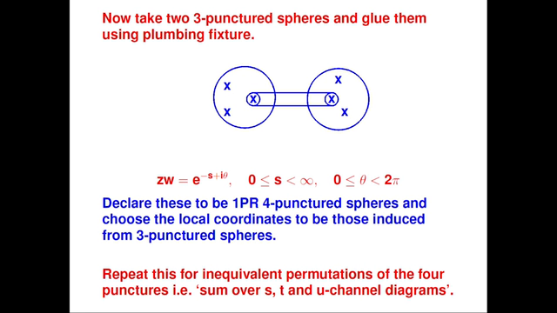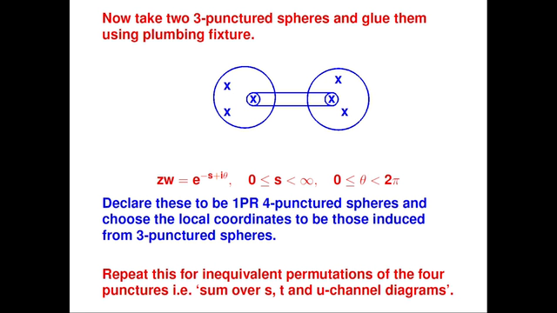So, take 2 of these 3-punctured spheres, glue them using plumbing fixture, which means that you identify zw equal to e to the minus s plus i theta. Let s run from 0 to infinity, theta run from 0 to 2 pi. Now, we in fact worked out a specific example of this yesterday by choosing a local coordinate system.